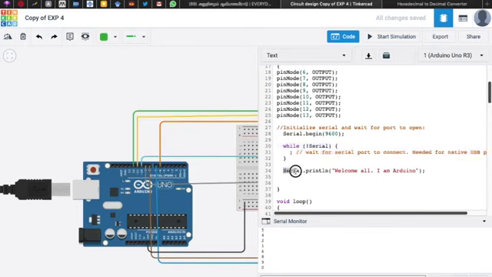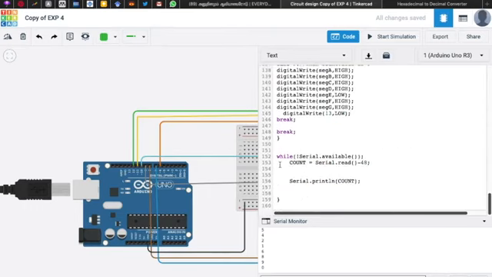And here Serial.println, in which the string we want to send is written. This is for transmitting data. So here we initialize and we transmit. Keep these two functions in mind.